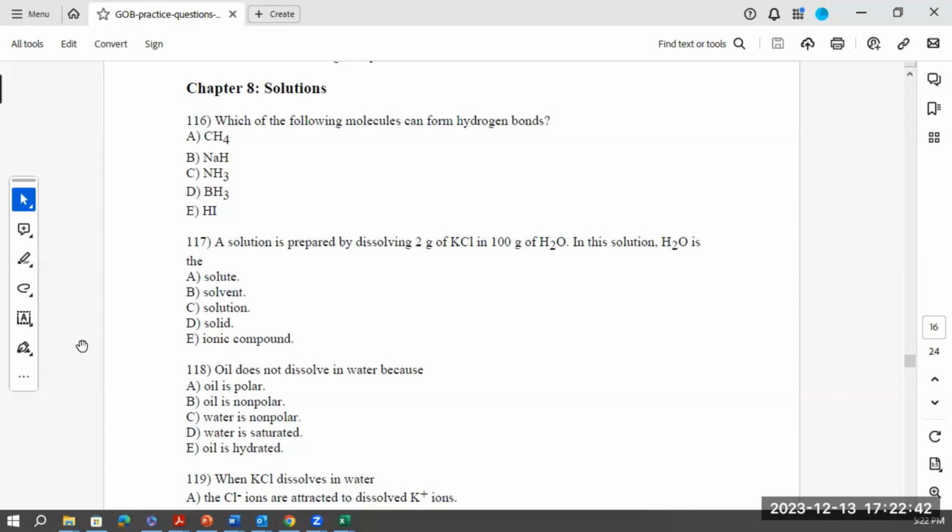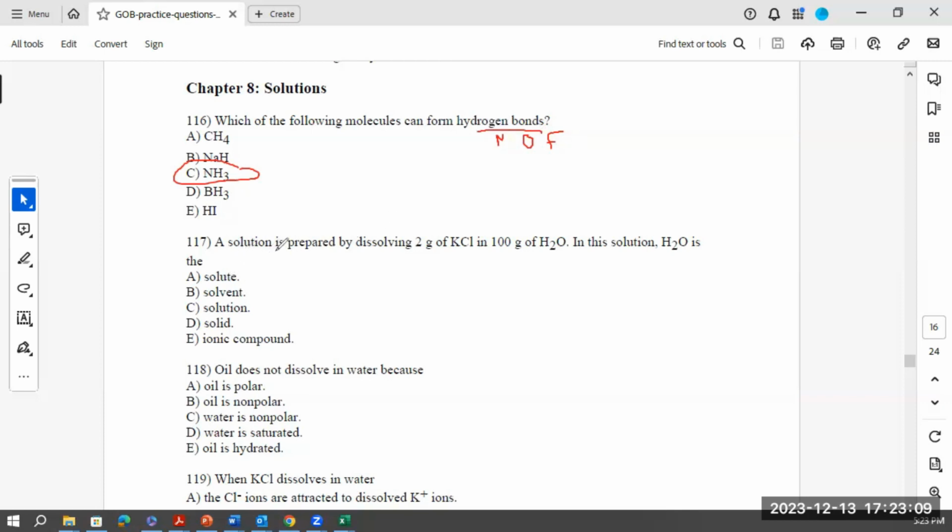That's right. N, O, and F. So which one of these has N, O, and F? C. So the correct answer would be C. That's right. So hydrogen with an N, O, or an F will form hydrogen bonds.